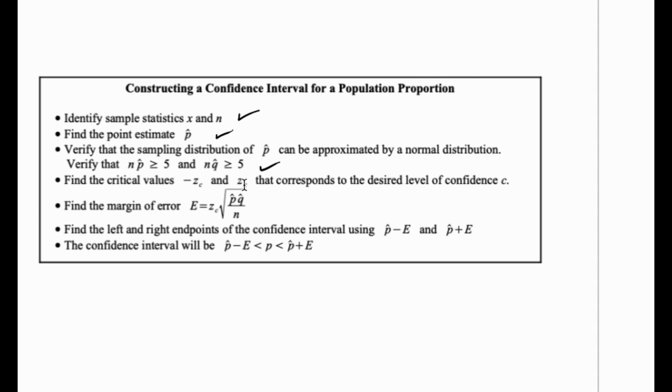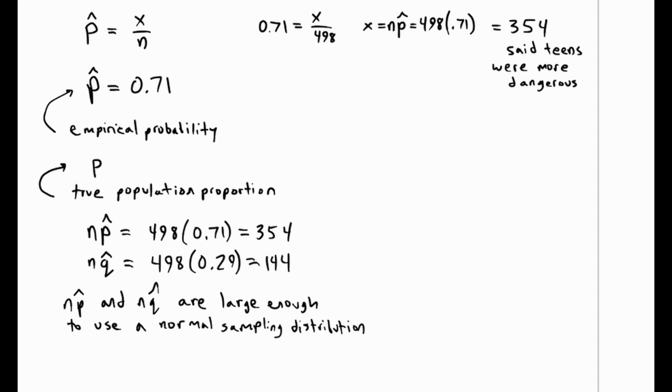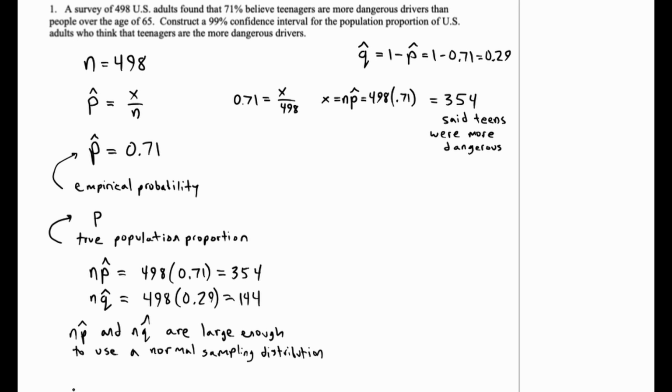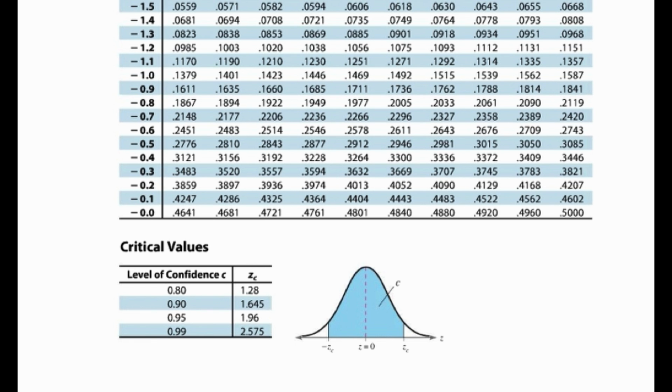So we just always use Z here, and we want to find the Z C for a confidence level of 0.99. So I'll go to the formula sheets. A 99% confidence interval happens to be one of the ones that is in this table right here. So the Z C is going to be 2.575.